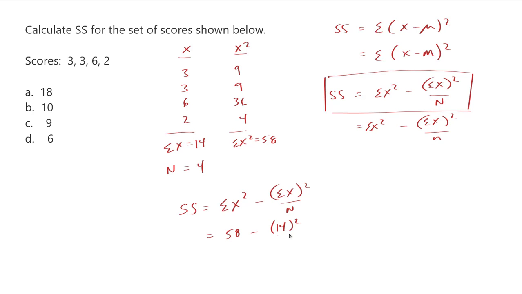So that's 14 squared over 4. 14 squared is 196. Divide that by 4 is 49. So this is 58 minus 49. This is equal to 9. So the sum of squares is equal to 9. So my answer is C.